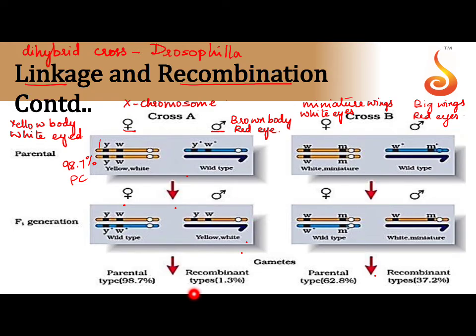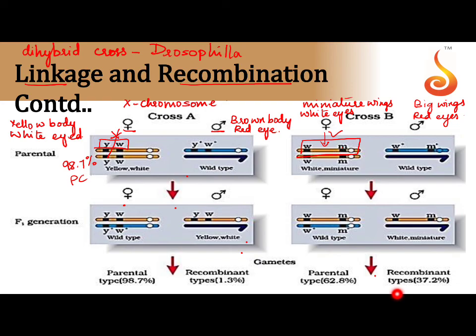Both the genes are so closely packed that crossing over is hardly possible. But in the second case, if you remember, parental combination was way lesser. You could see 37.2% of recombinants, and the reason was because the distance between the two genes was so large that crossing over was highly possible.